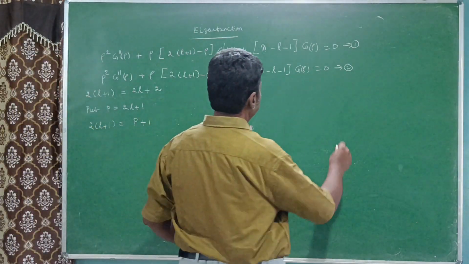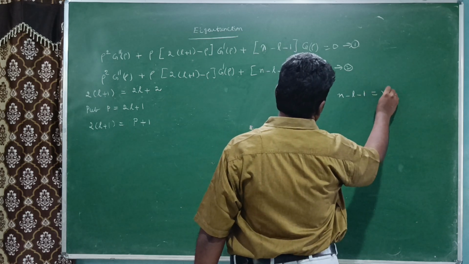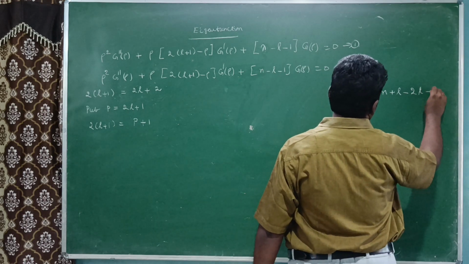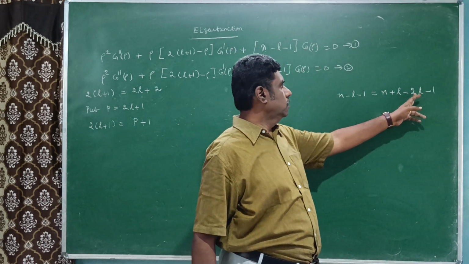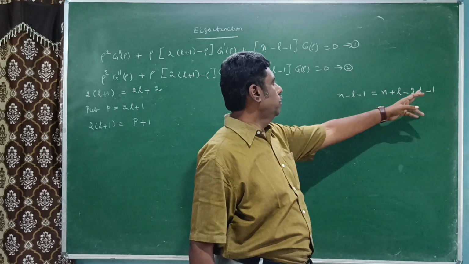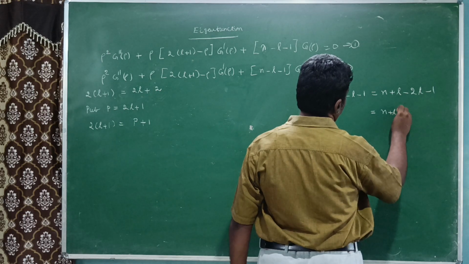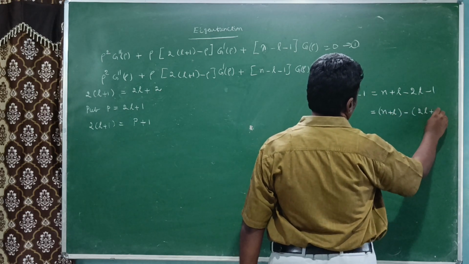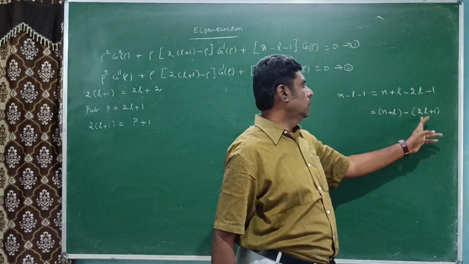Then take this term n minus l minus 1, which is equal to n plus l minus 2l minus 1. See here, n plus l minus 2l is n minus l minus 1. This is equal to n plus l minus (2l plus 1). If you take this negative sign outside, this is written as 2l plus 1.